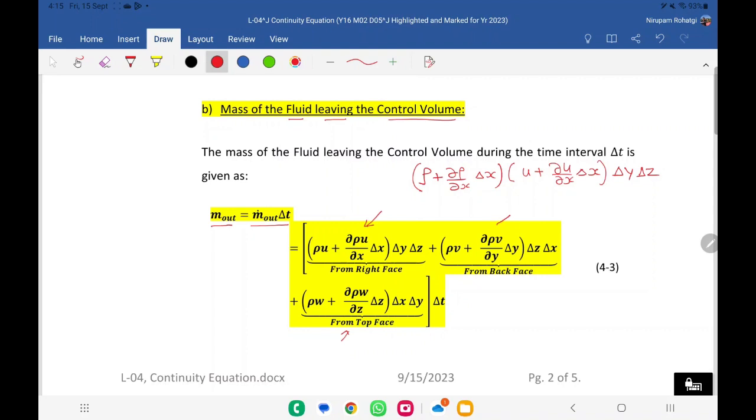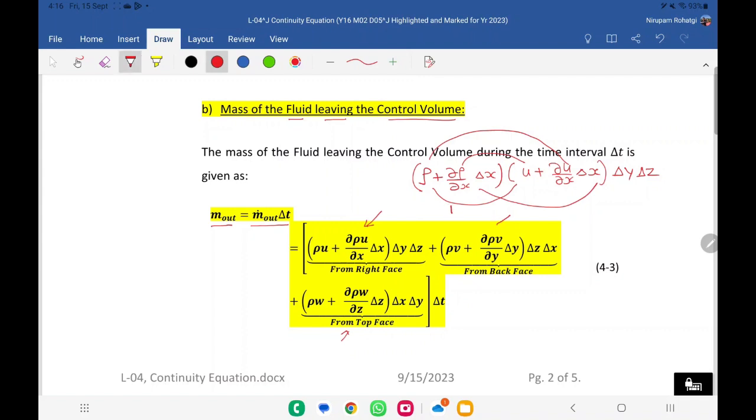This is the same as this, because when you do this operation there will be 4 terms here: one is this term, one is this term, then this term, and this term.